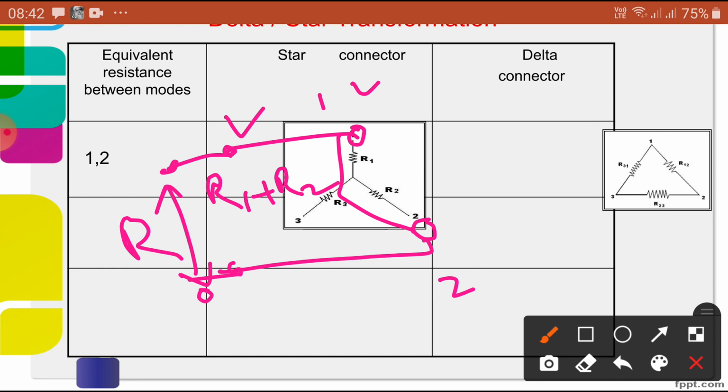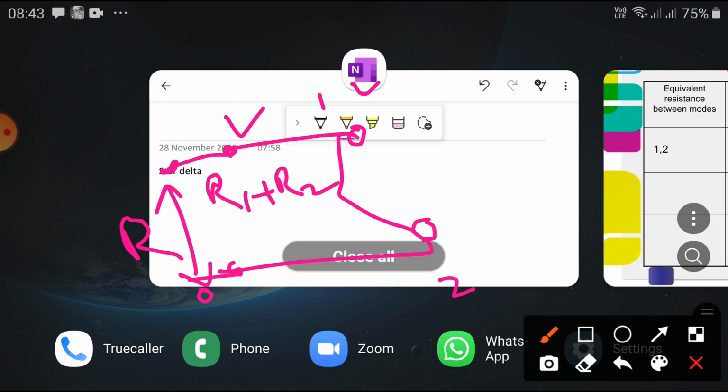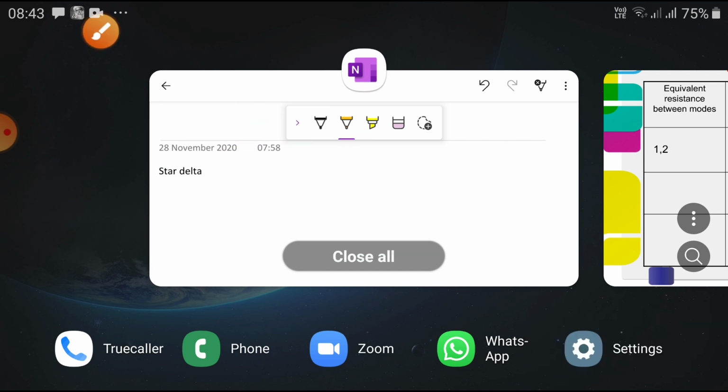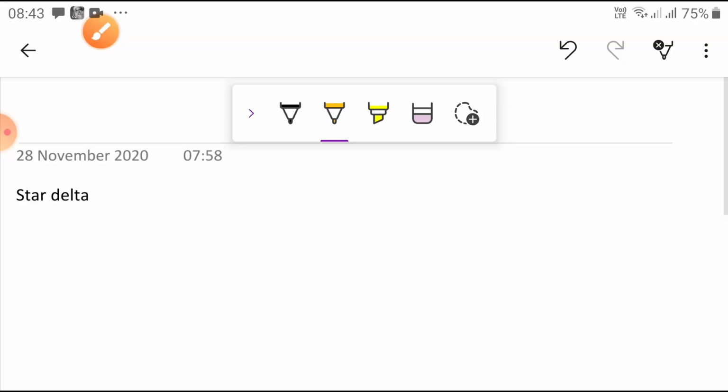Okay. Now coming to the delta. We will see it clearly in another mode. Don't confuse it.